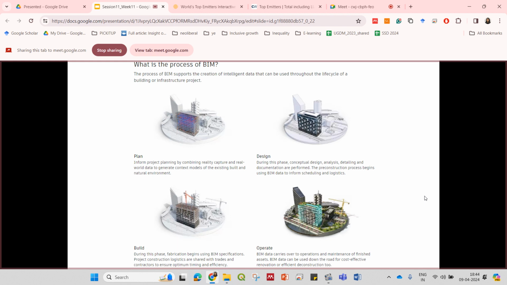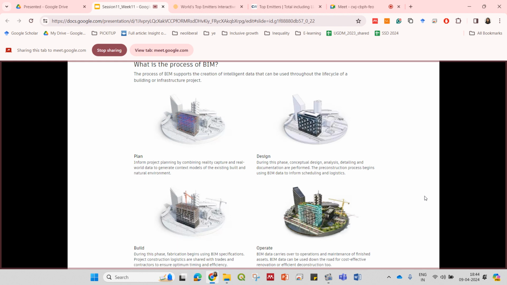You are informed by whatever is surrounding your building or whatever the ground reality is. You try to capture that ground reality and real world data to then generate a context model of the existing buildings and the natural environment around you, and using that you can plan what you want from your design.